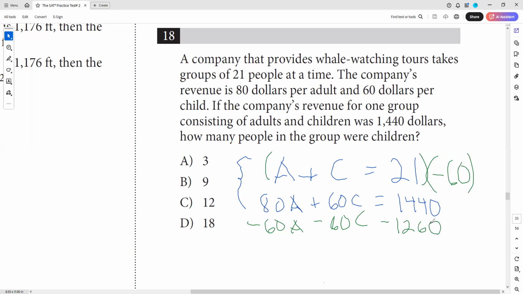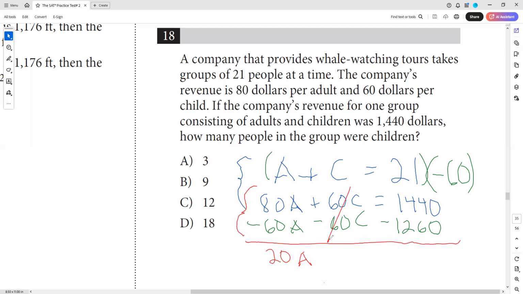Now that we have that, we can take these two equations, the second and the modified first, and combine like terms. We're going to have 20A, 80 minus 60 is 20A. That's a zero pair, right?